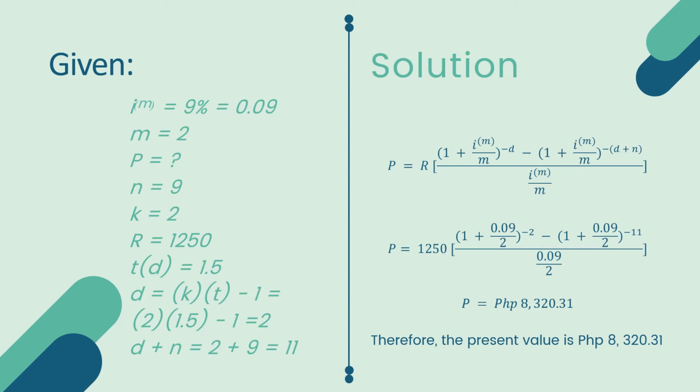D plus N is 2 plus 9, equal to 11. So we only need to follow the formula. We need to substitute all the given to the formula to find the answer. So our answer will be 8,320.31. So therefore, the present value is 8,320.31 pesos.